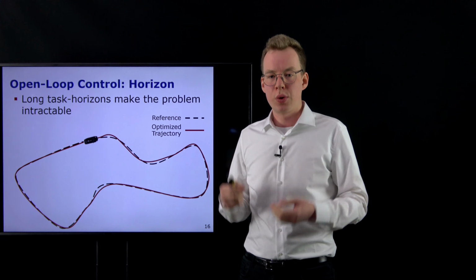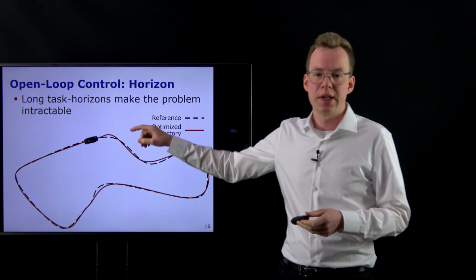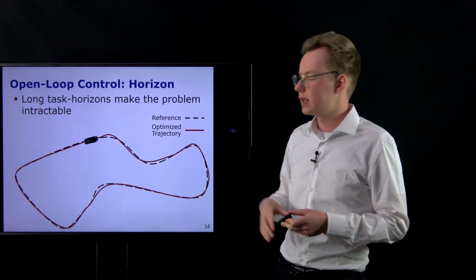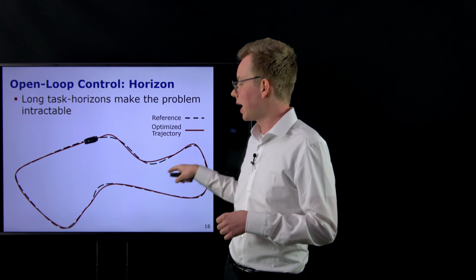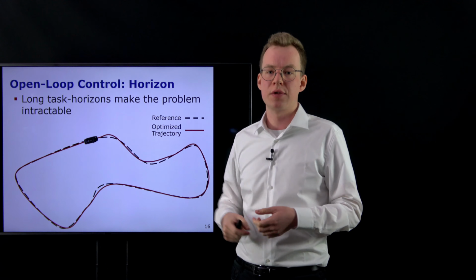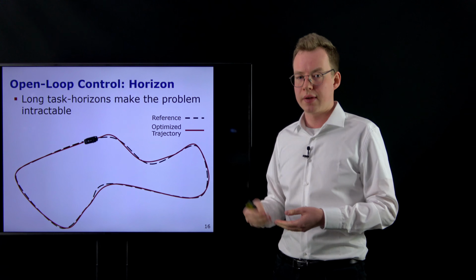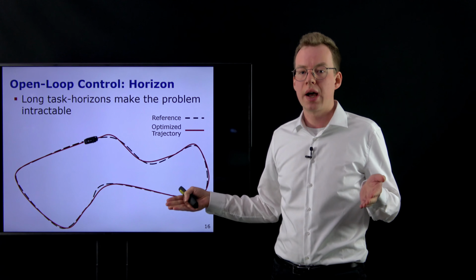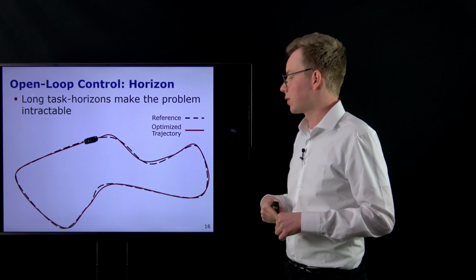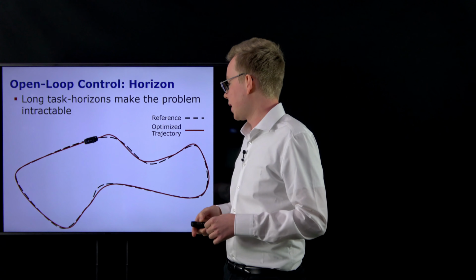If we were to write this down as an optimal control problem for this entire lap, we have a lot of time steps that we have to consider in our optimization, and this is typically intractable. So we get a very large problem that is hard to solve in a limited amount of time.